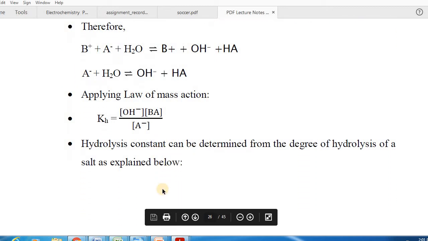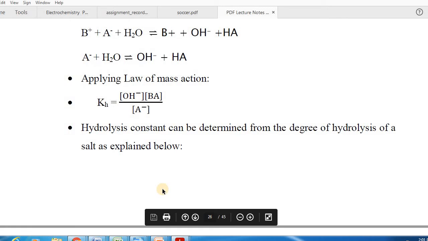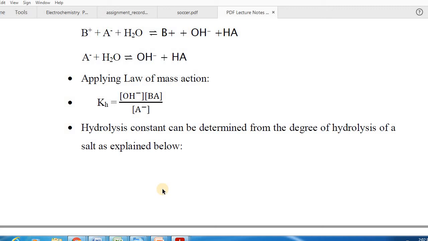Now the hydrolysis constant can be determined from the degree of hydrolysis, as we can explain here. We now find out how we can determine the KH value by knowing these molar concentrations.